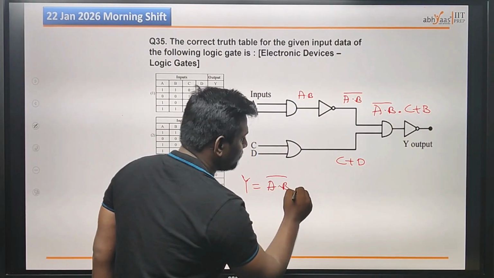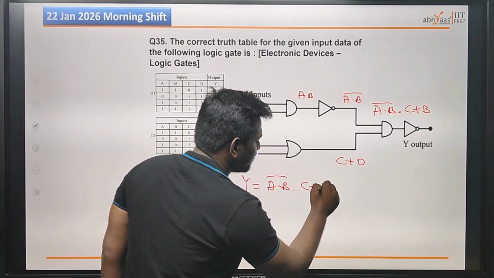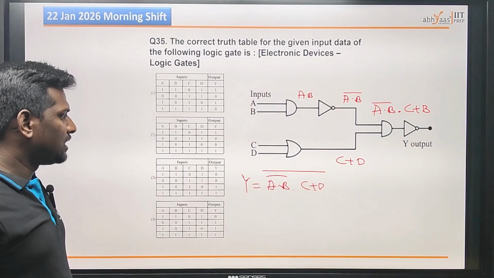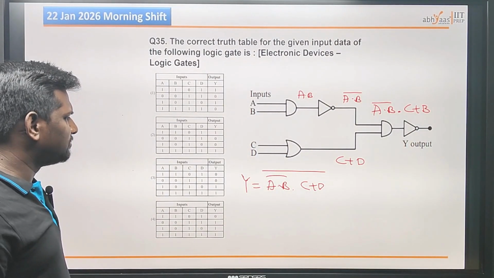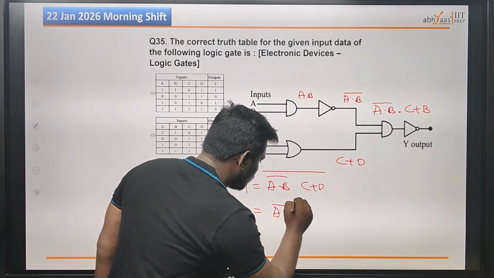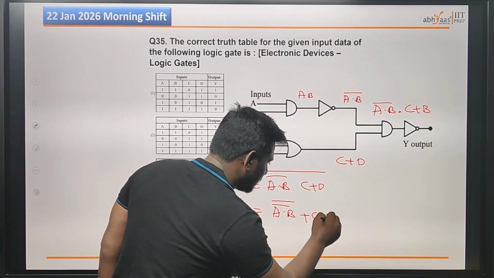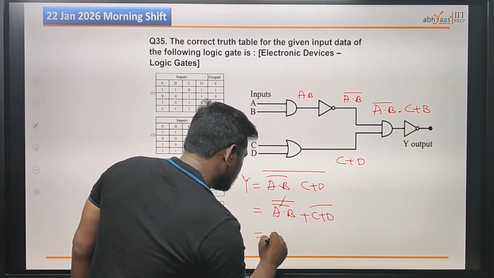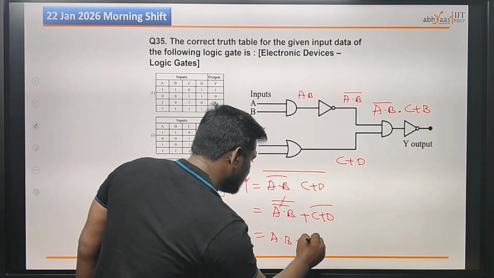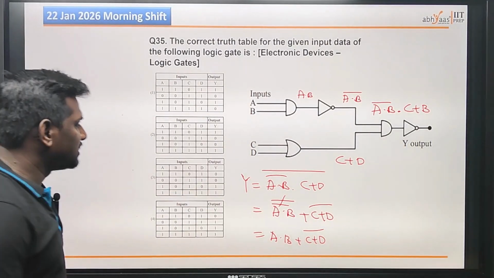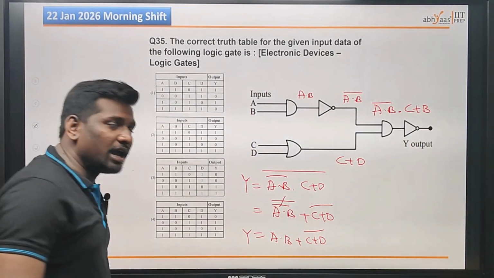A dot B whole bar dot C plus D whole bar. As per Boolean algebra, A dot B whole bar plus C plus D bar. If we cancel out, A dot B plus C plus D whole bar. So you have to check this output with the given table.